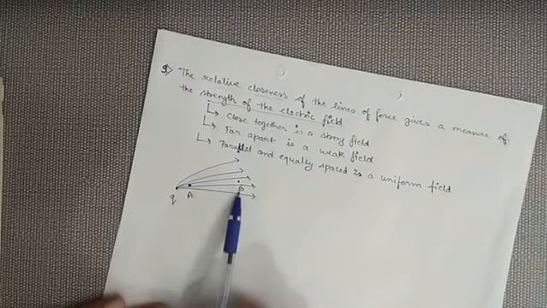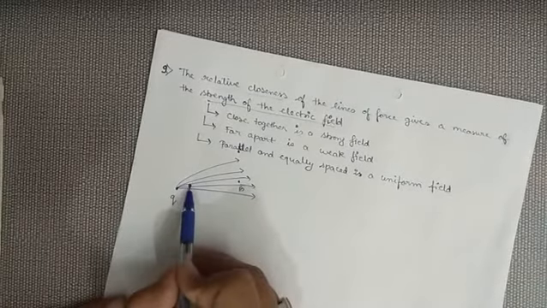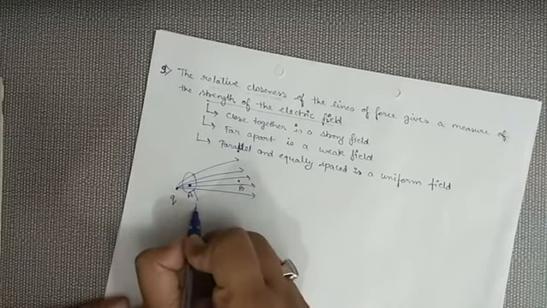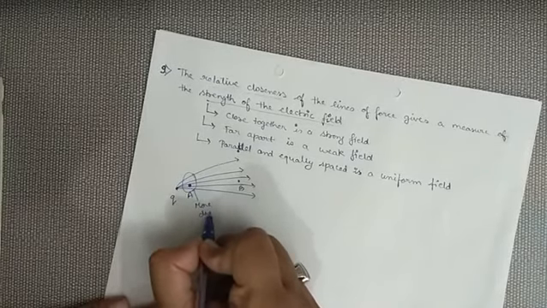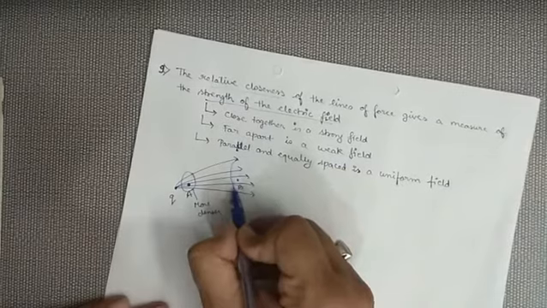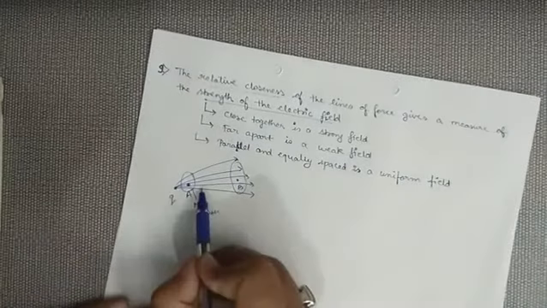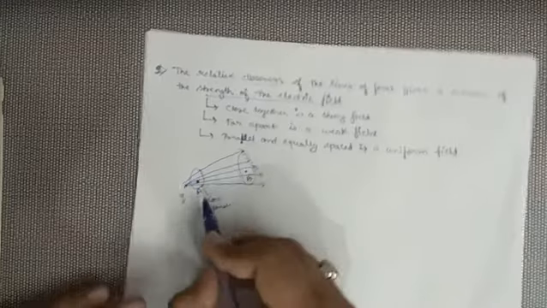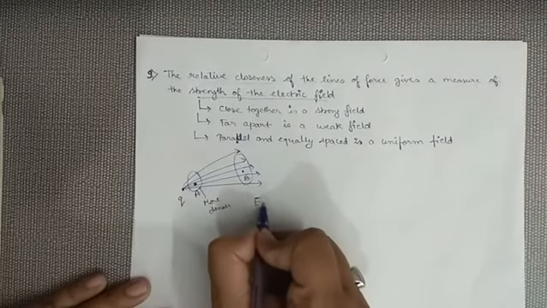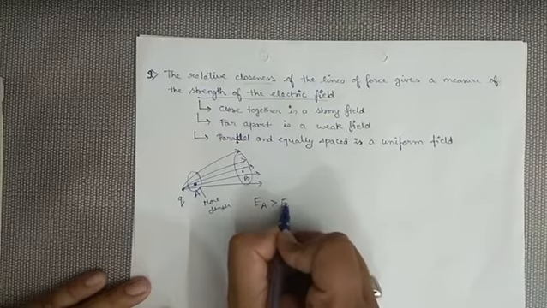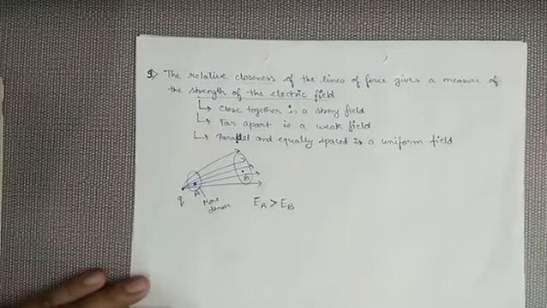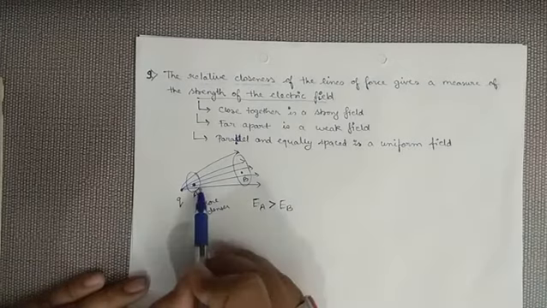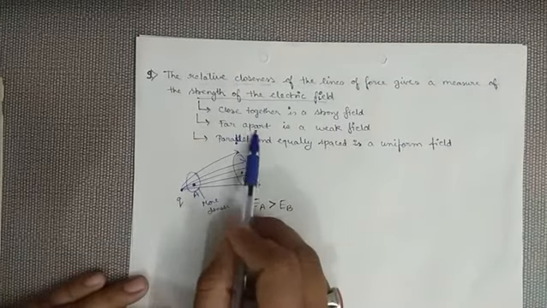From the diagram we can see that at point A, electric field lines are denser as compared to point B. On the basis of this relative closeness, we can say that the electric field at point A is stronger than the electric field at point B. As electric field lines move far apart, the field gets weaker.